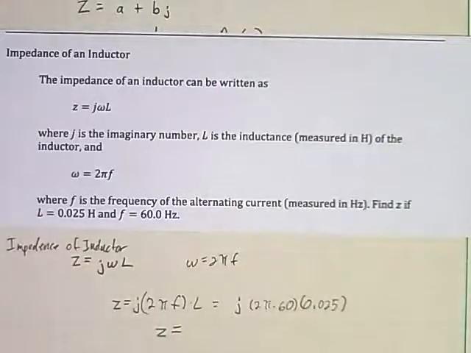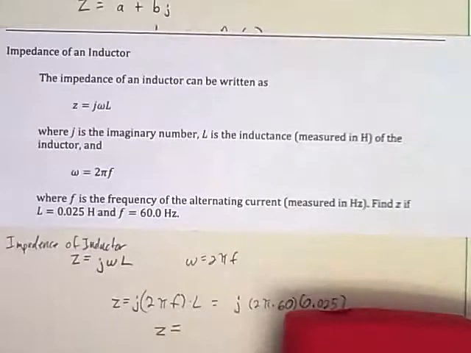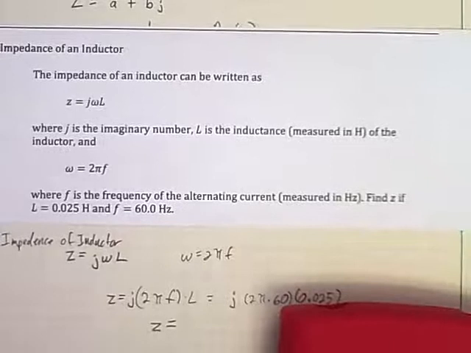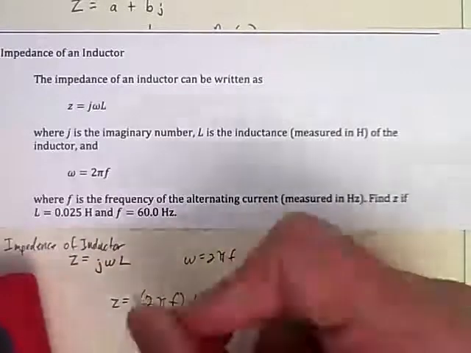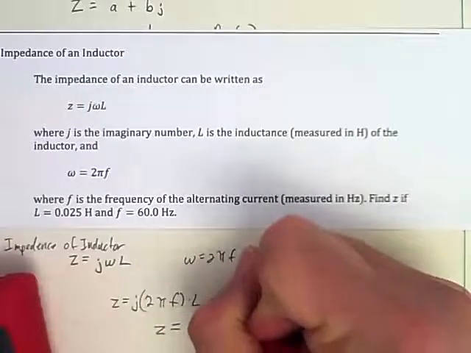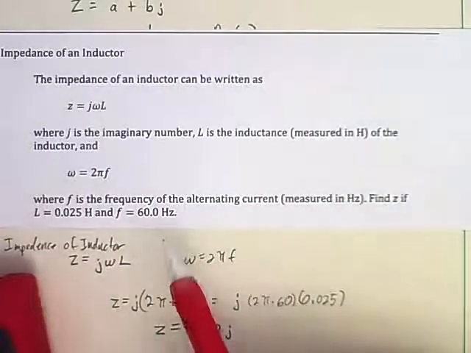And so for Z, I get 2 pi times 60 times 0.025, 9.42 J.